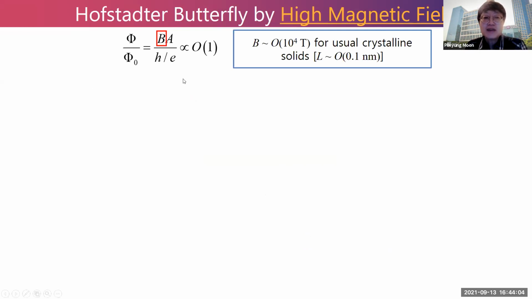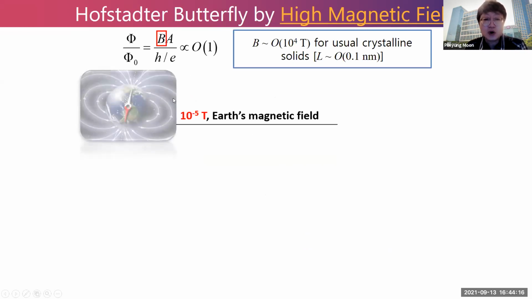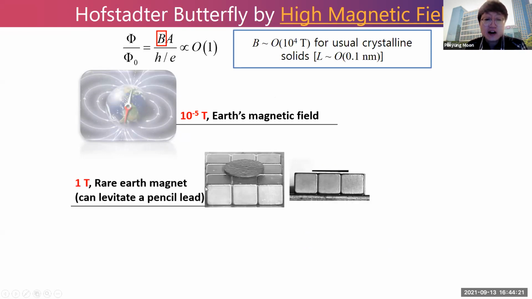So can we measure the butterfly by simply increasing the magnetic field? To see the butterfly, we need almost 10,000 Tesla. How large is that? The Earth's magnetic field is on the order of 10 to the minus 5 Tesla, and a rare earth magnet is on the order of 1 Tesla. And with 1 Tesla, you can even levitate a pencil lead.